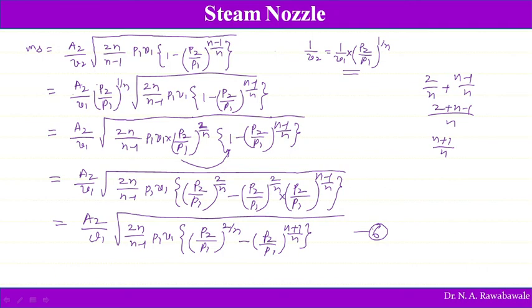Now the condition for maximum discharge can be obtained by differentiating this with respect to the ratio p2 divided by p1. If we differentiate this bracket with respect to the ratio p2 divided by p1 and equate it to 0, we can obtain the condition for maximum discharge.